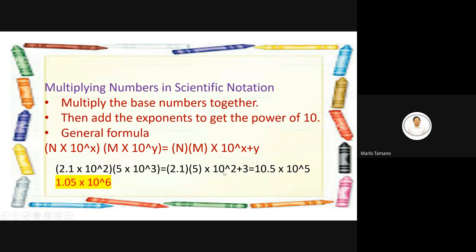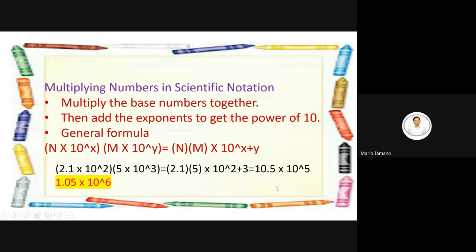Times 10, yung exponent, 2, tapos yung pangalawa, 3. Pagplasin. Okay? So, 2.1 times 5 is 10.5. Tama po ba na 10.5? Opo, sir. Okay. So, times 10, tapos 2 plus 3 is 5. Again, 10.5 times 10 to the 5th power.